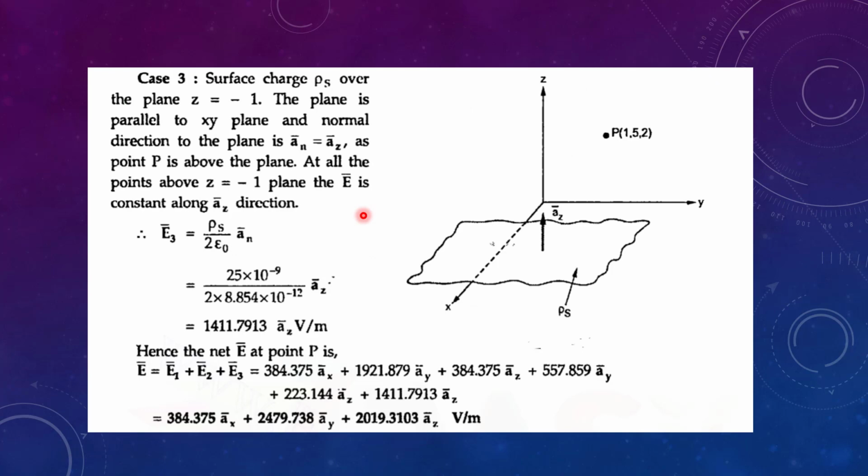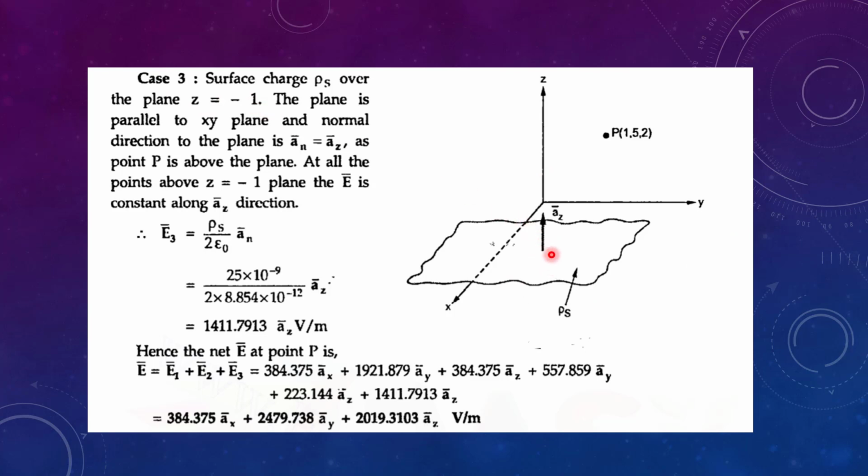For the surface charge, where is the surface charge situated? It is situated at z is equal to minus 1, so below the xy plane. At z equal to minus 1, this infinite sheet charge is present. It is infinite, but it is below the xy plane because z is on the minus side.